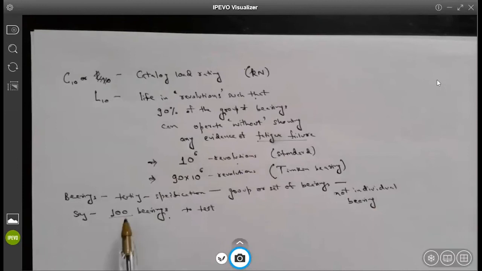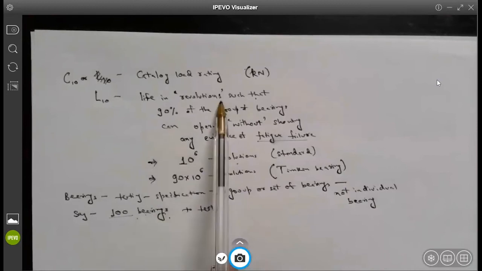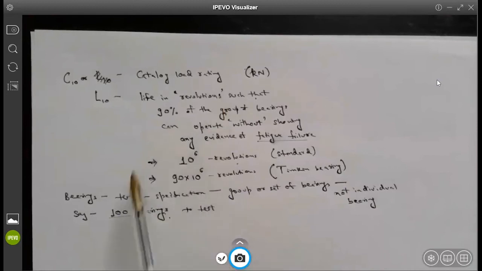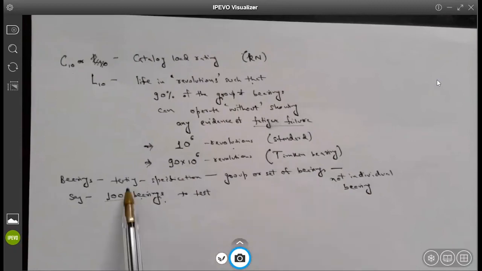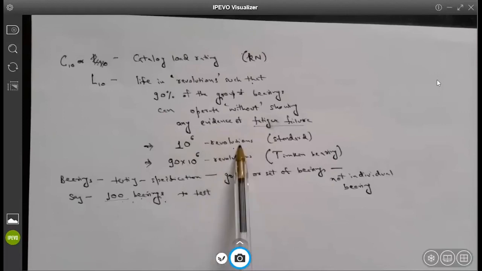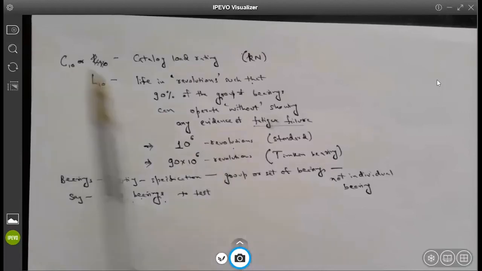Out of these 100 bearings, I have to see how many can withstand a service life, the number of revolutions, such that only 10% will fail and the 90 bearings will be able to sustain a specific life. That is what we call L10 life. L10 life means if out of 100 bearings, 90 bearings can withstand 1 million revolutions at a particular load, which is called the C10 load.